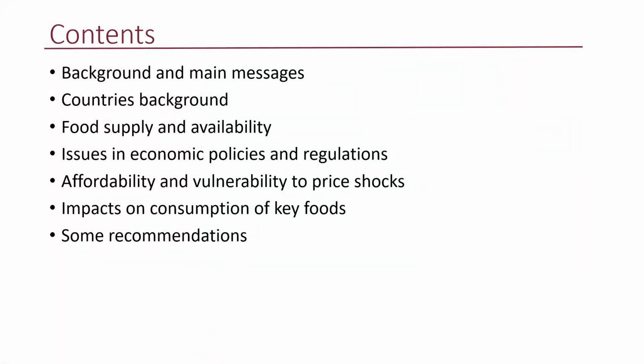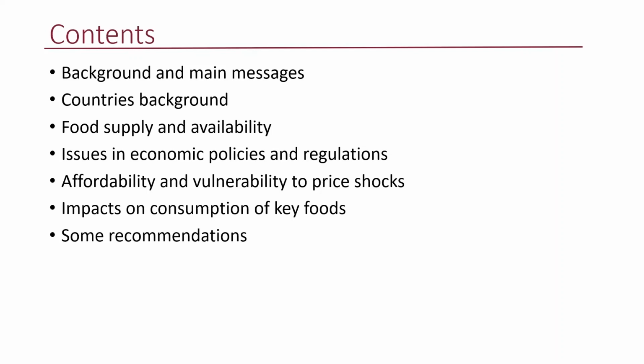So first, the presentation will include the background and a summary of the main messages. Then I will briefly discuss the country backgrounds. Then we will move to discuss food supply and availability trends, issues in economic policies and regulations, and then an analysis of affordability and vulnerability to price shocks in both countries.